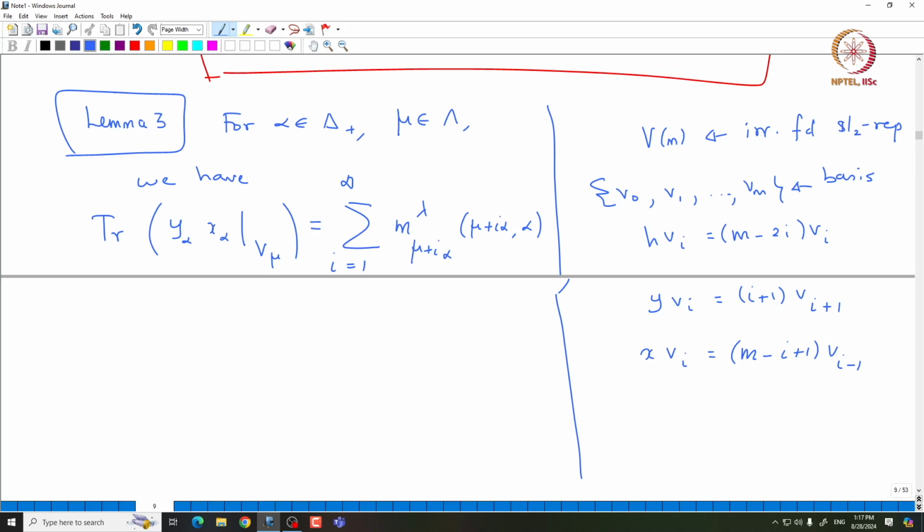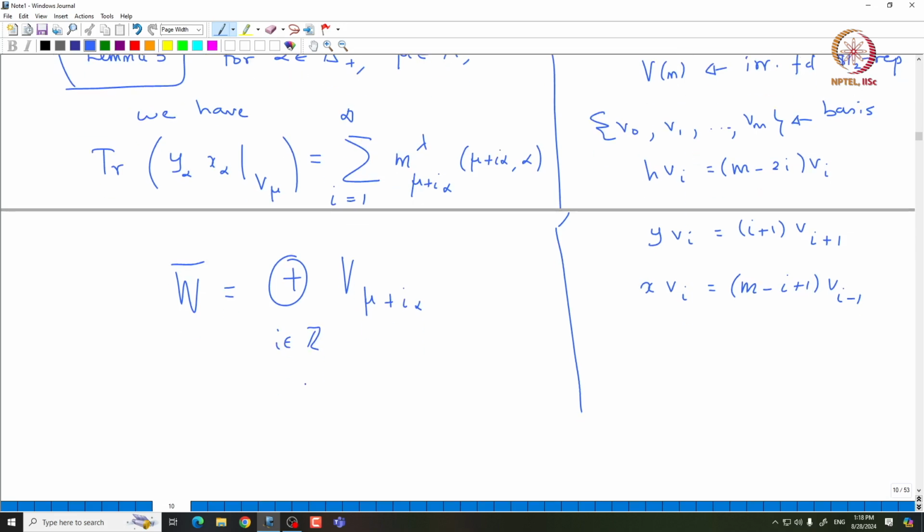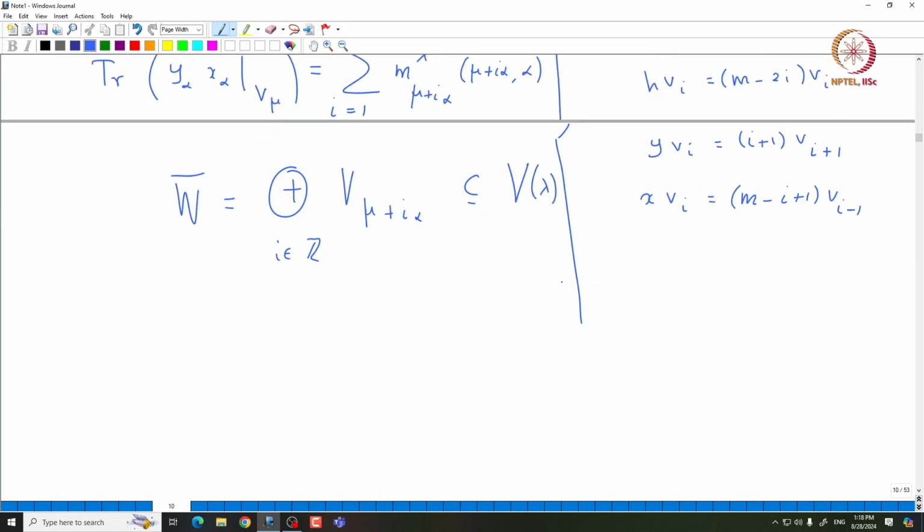To be on the safe side, because SL2 invariant means it should be invariant under the operator S alpha, the reflection, we are going to construct this interesting space, let us call it W bar, which is the direct sum of all these weight spaces mu plus i alpha, where i runs over all integers. This is going to be a subspace of V.